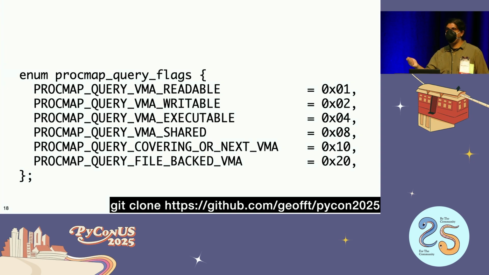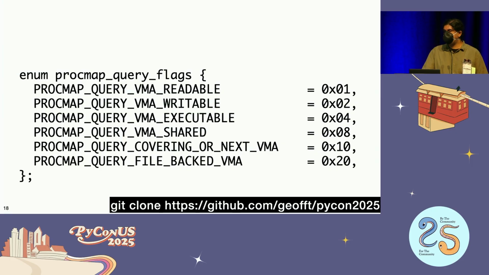And we take that address again and we say, tell me about the next VMA after that. And we can loop through and get all of the VMAs. And then this last flag, procmap query file backed VMA, means only tell me about mappings that come from files. Because that's what we're interested in. We're interested in libraries. There's other VMAs for normal memory storage, like your heap, your stack. We don't want to see those, so the kernel will let us skip those.